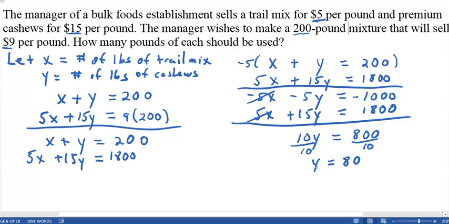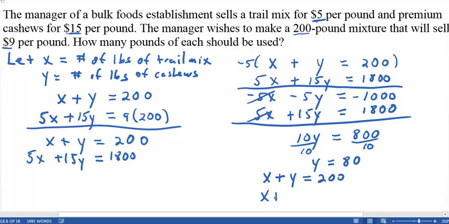So remember, y represented the number of pounds of cashews. So I have 80 pounds of cashews. To find the number of pounds of trail mix, I'll substitute 80 into one of the two original equations. So I'm going to choose the first one. So x plus y equals 200. And we know the value of y is 80.